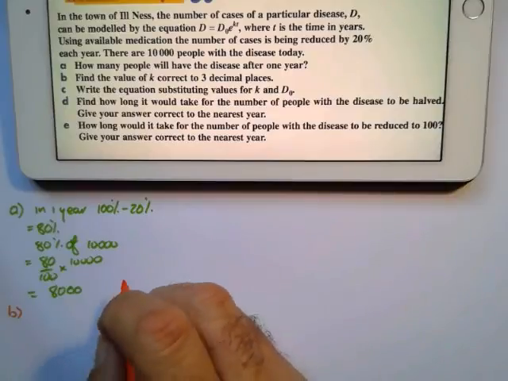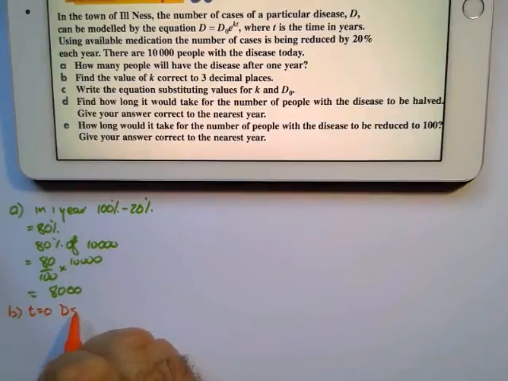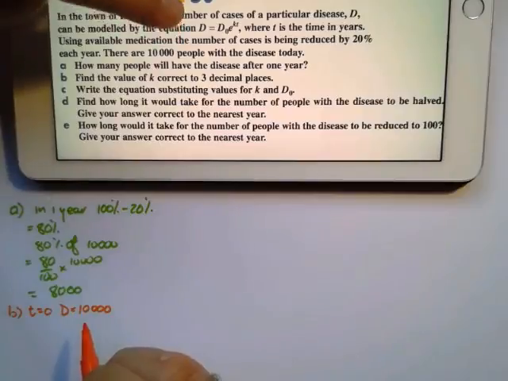When time is 0, the number that we have is 10,000. Let's see what this equation will be.